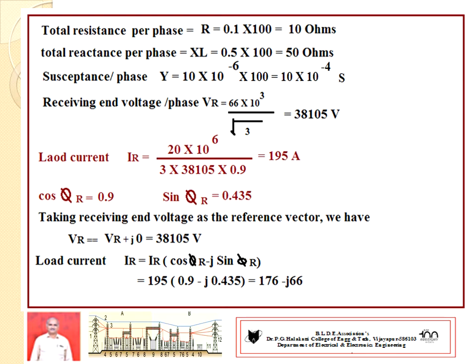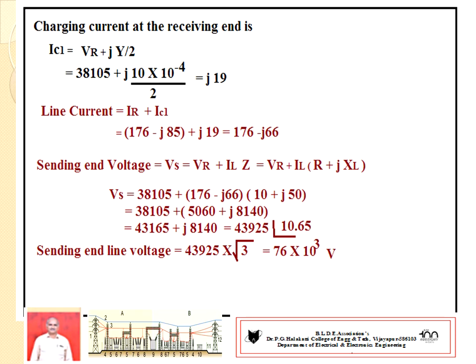So IR equal to cos phi r minus J sin phi r, you are getting 176 minus J66. Then the charging current at the receiving end side: the voltage across this capacitor is VR. It is placed very near to the load side. That voltage VR is applied, therefore IC1 equal to VR into JY/2.